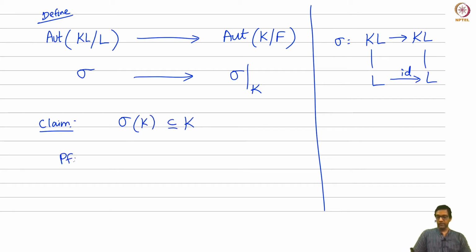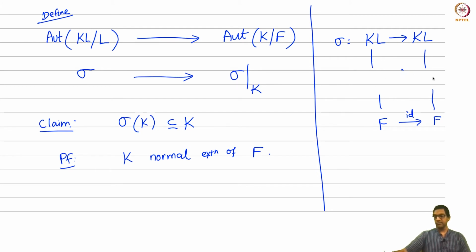Proof: if you go back and look at the various things we proved about normal extensions, recall that K is a normal extension of F. Now I can think of sigma as a map from KL to KL. It's identity on L, and in particular it's identity on F, because F is even smaller than L.